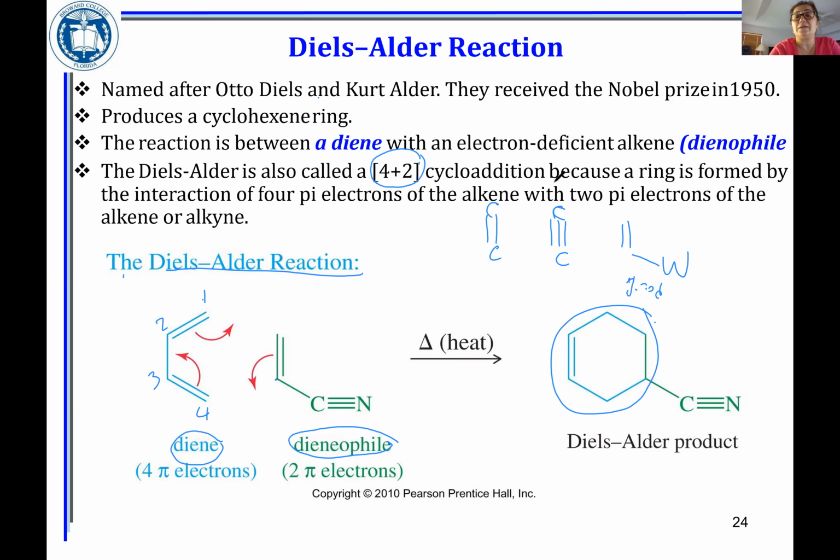If you have a double bond with 2 withdrawing groups, then it's going to be a very good dienophile. So if you have a carbon-carbon double bond that is attached to an electron withdrawing group, it is going to make that dienophile an even better dienophile. Heat is required for the reaction.